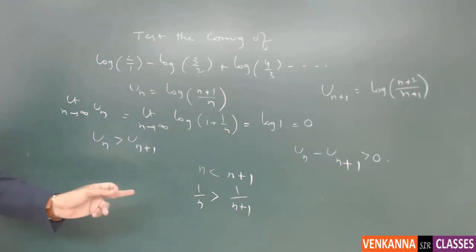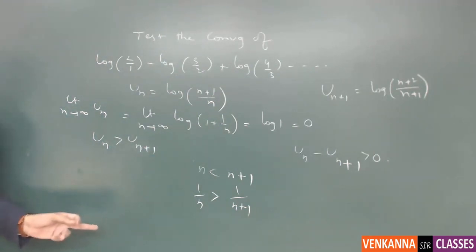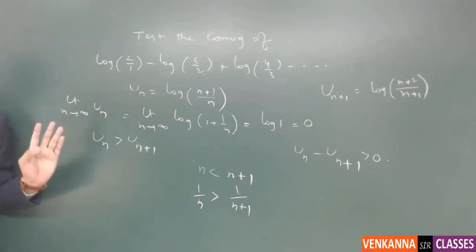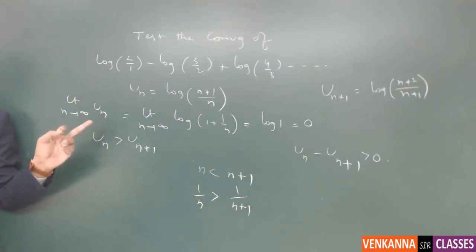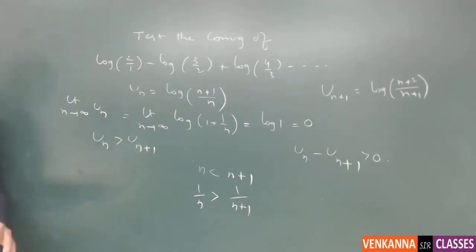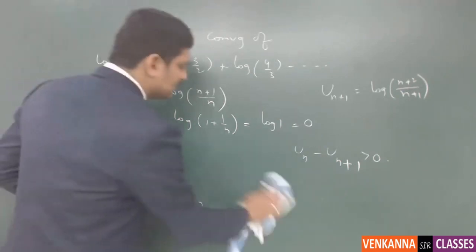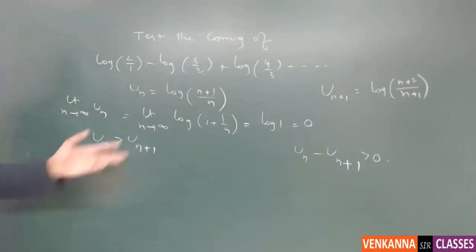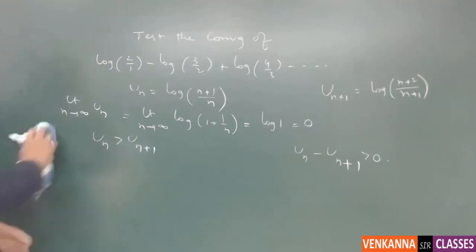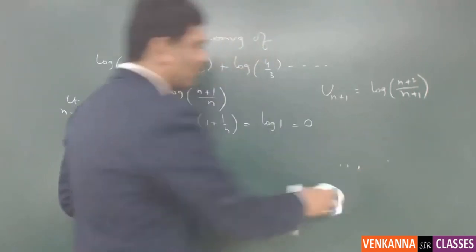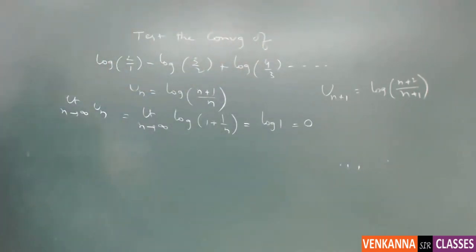So if you write that n plus 2 by n is greater than n plus 1 by n, are you able to build a construction here? With the terms un and un plus 1, it is okay. Otherwise, our regular procedure is simply to consider the difference between them, either un minus un plus 1 or un plus 1 minus un. Whatever the case, you can take. Yes, you can apply the case of derivative here.